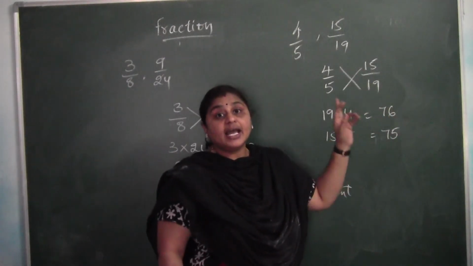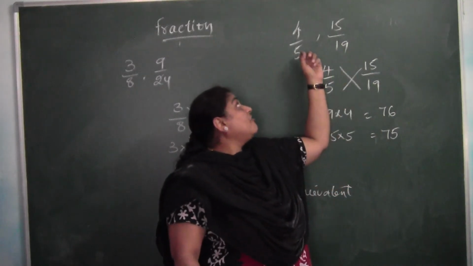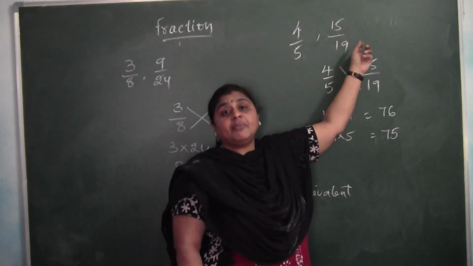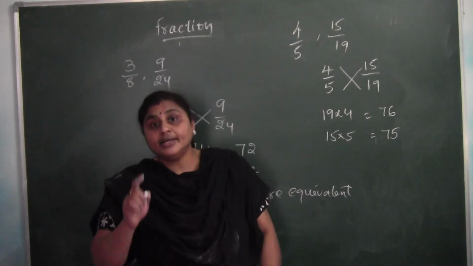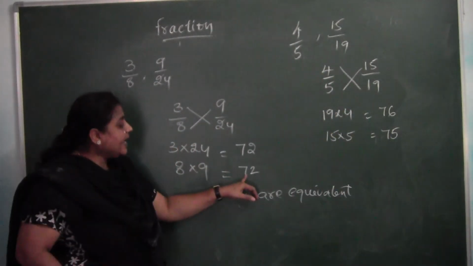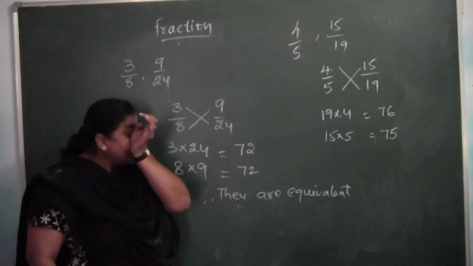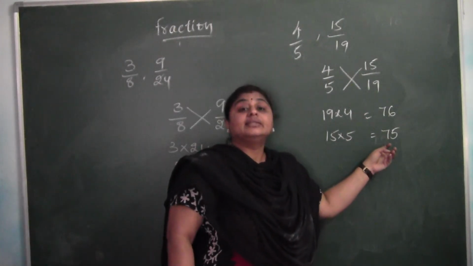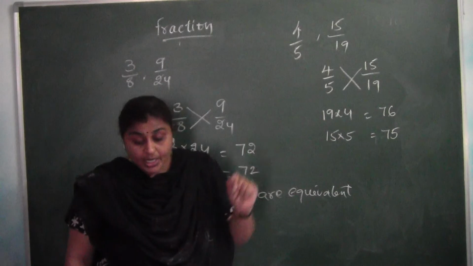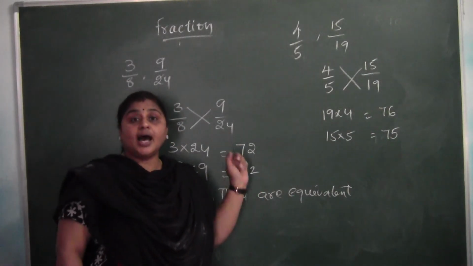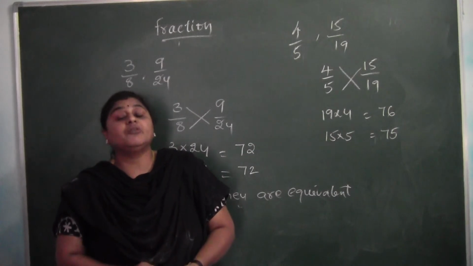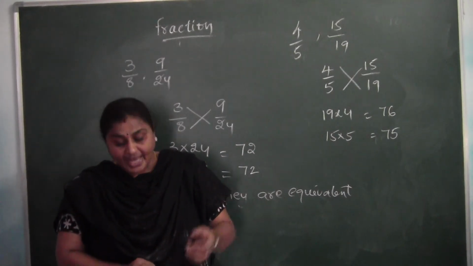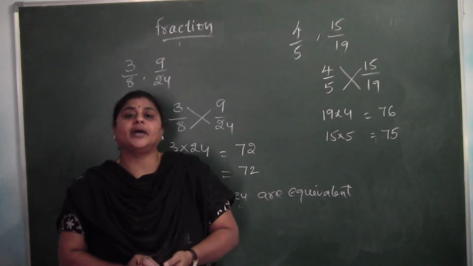No, the products are different. Therefore, 4 by 5 and 15 by 19 are not equivalent fractions. If the products are the same, then they are equivalent. If they are not equal, then they are not equivalent. So this is how you can check whether two given fractions are equivalent or not. That is about your exercise 1.2.